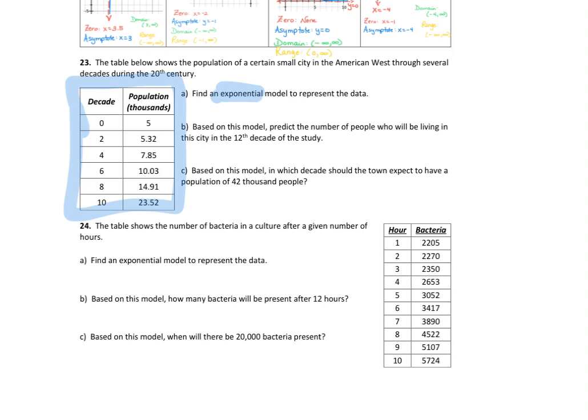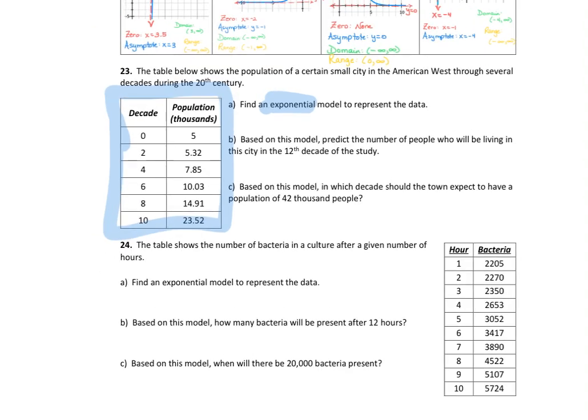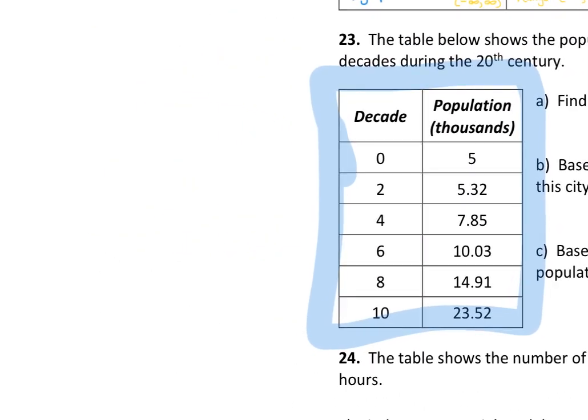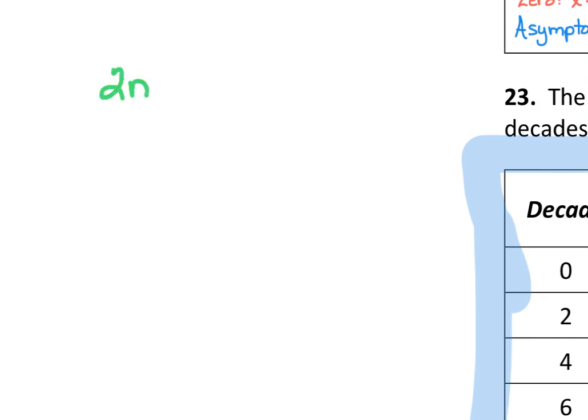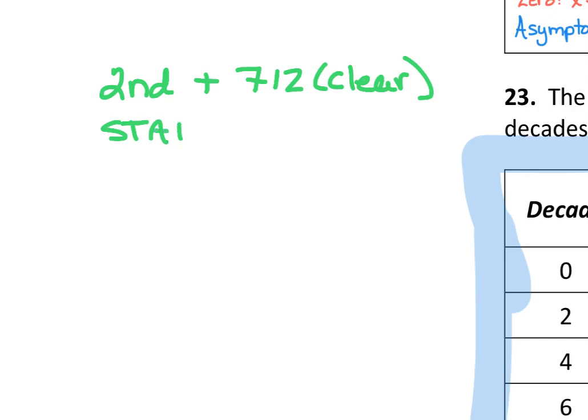So just to remind you of the steps for the regression problems, the first thing you want to do is clear your calculator. So remember that you want to start with second plus sign 7 1 2 to clear your calculator, and then go to stat and then press enter so that you get the list with the L1s and L2s.